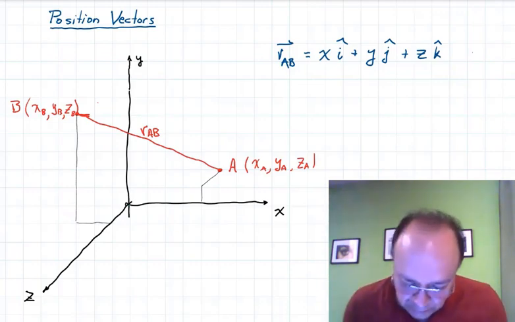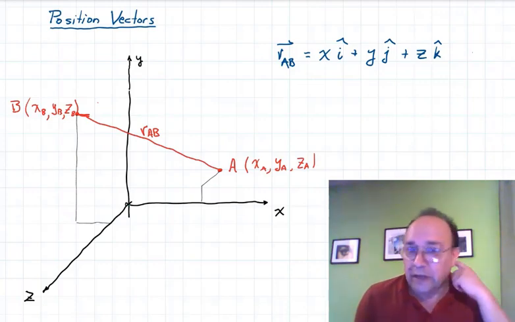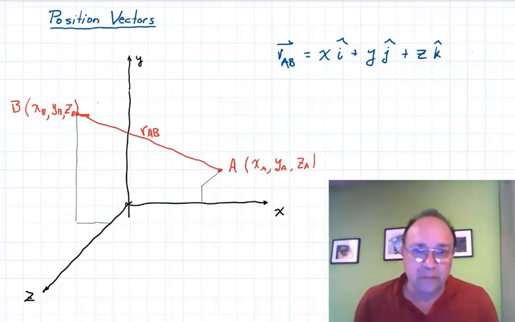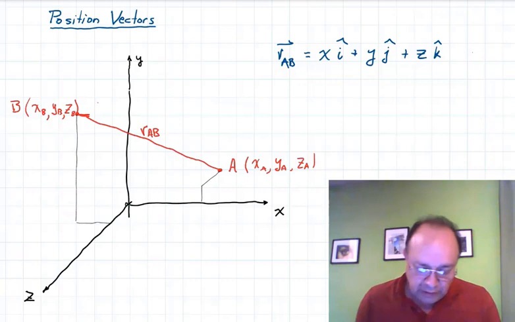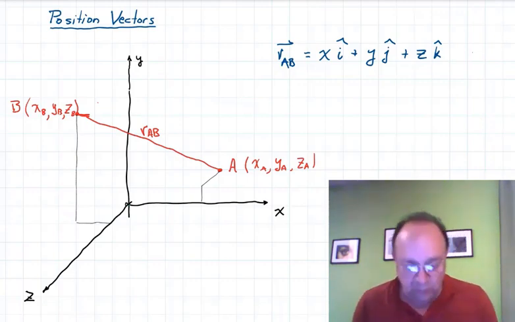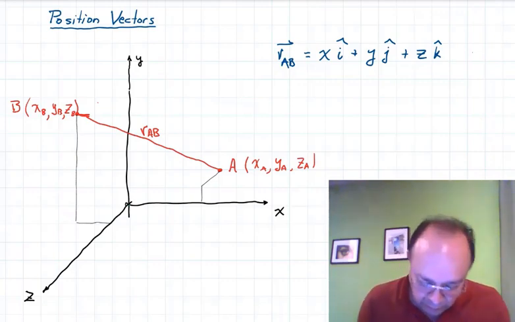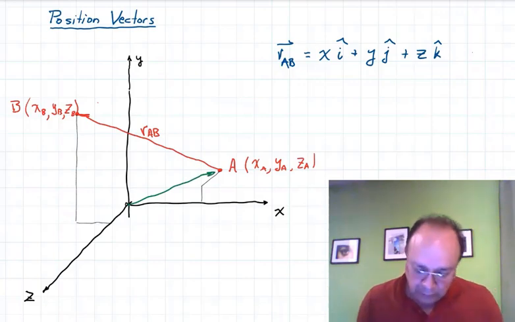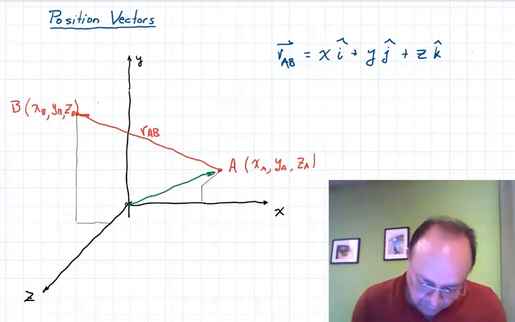As we said, the position vector is a vector that locates a point with respect to another point. In the same way as we do here the position vector of B with respect to A, we can do the position vector of A with respect to the origin. That will be this green vector.